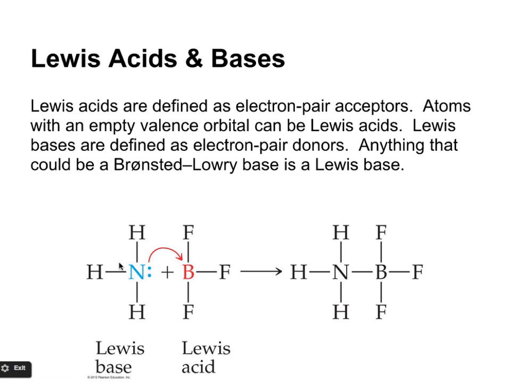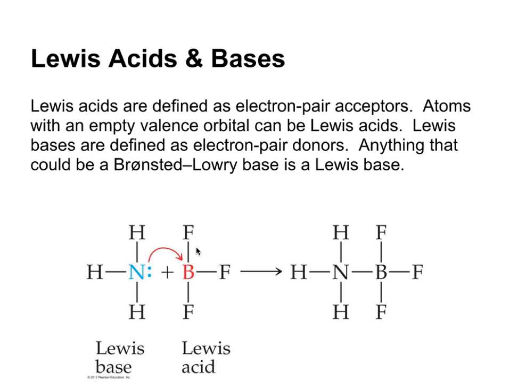So if you look in this example down here, ammonia is donating an electron pair to the Lewis acid boron trifluoride. So the boron is accepting the electron pair, that makes it the Lewis acid, and the electron pair being donated by ammonia makes it the Lewis base.